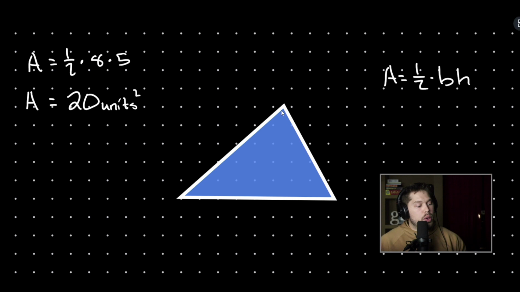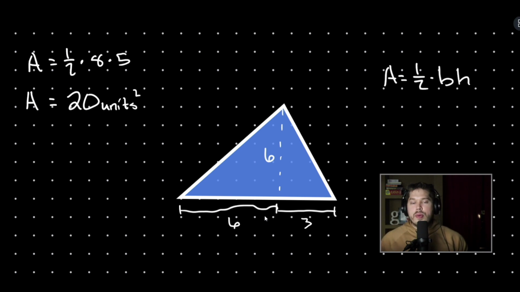And here, they give us our height. We'll call it 6. And then they say this length here is also 6. And then this length is 3. What would we do to find the area for this shape?